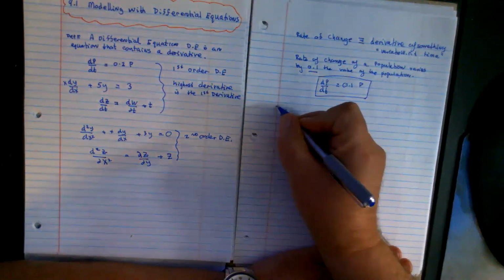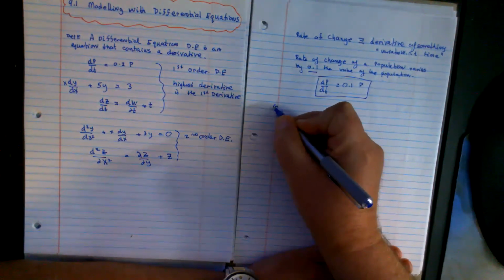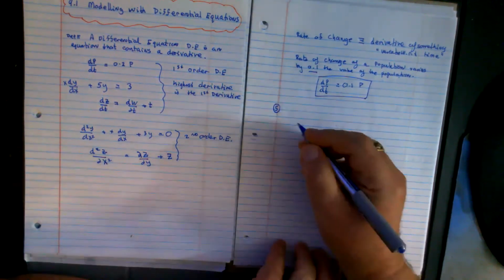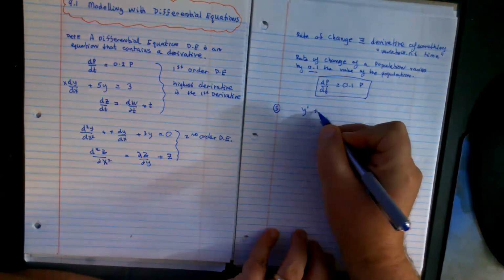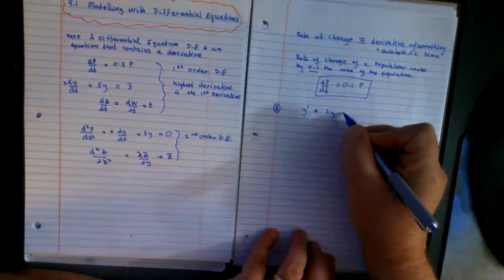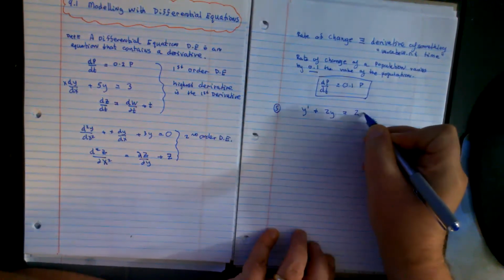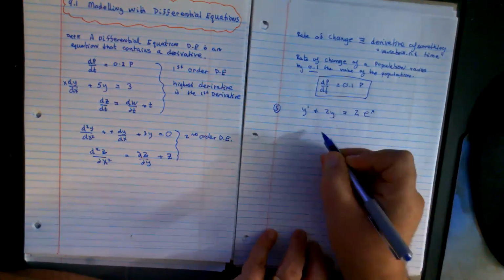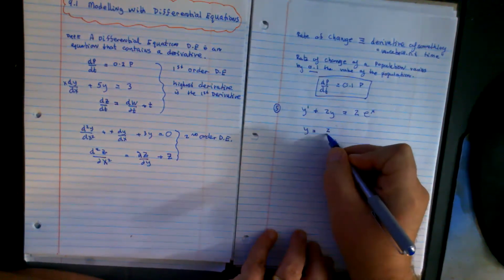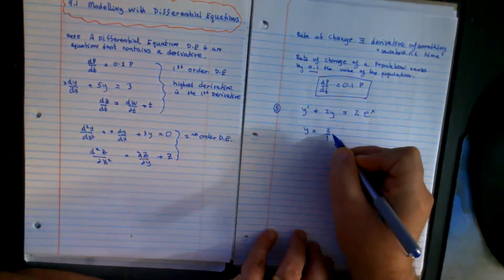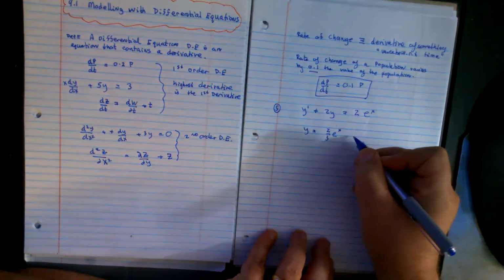So in question 5, the differential equation y dashed plus 2y should equal 2e to the x. And they're saying that this here is a possible solution, and we have to check whether or not it works.